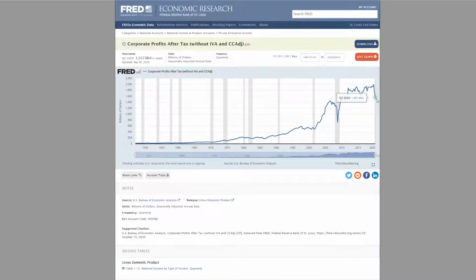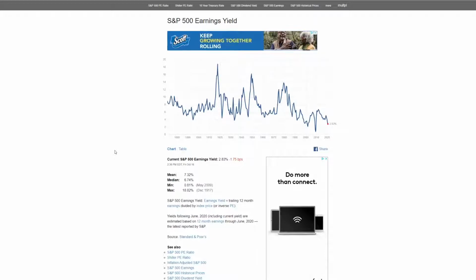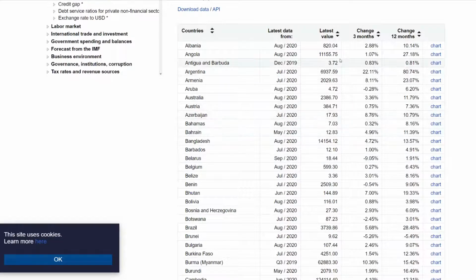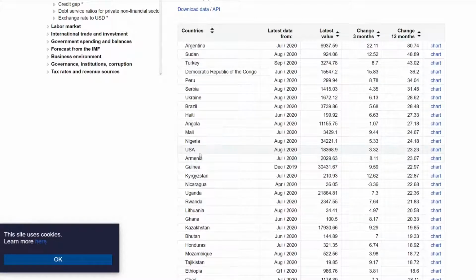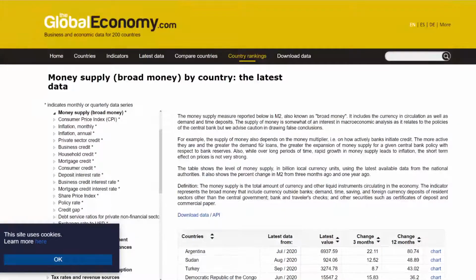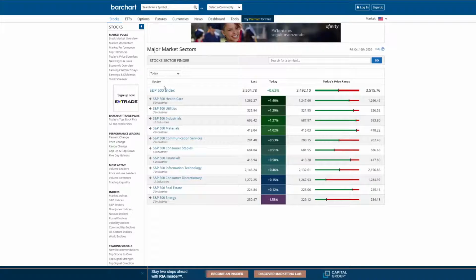Corporate profits, no update. Earnings yield, let me refresh this. 2.83%. I'm dying for this one to update because it's from August and we're in October now. I want to see what the broad money supply growth is. Where are we? Yeah, still August.